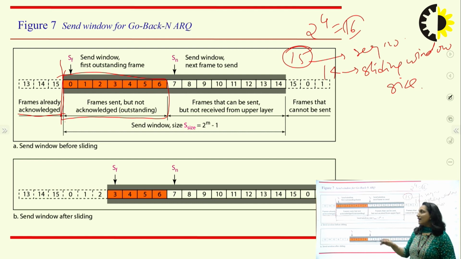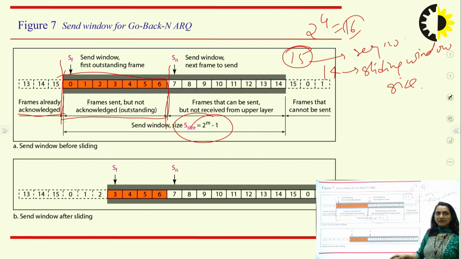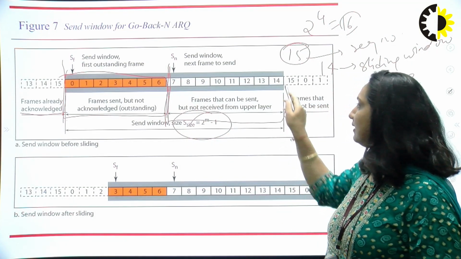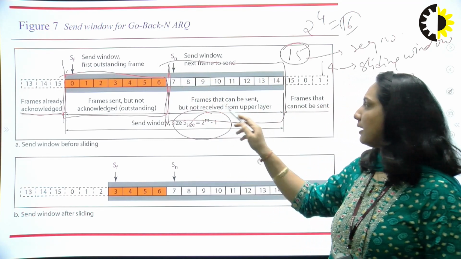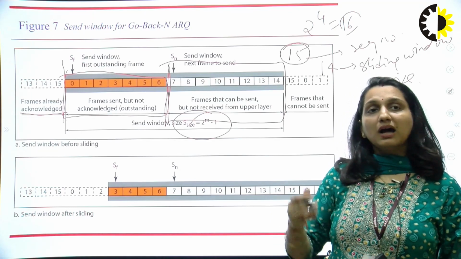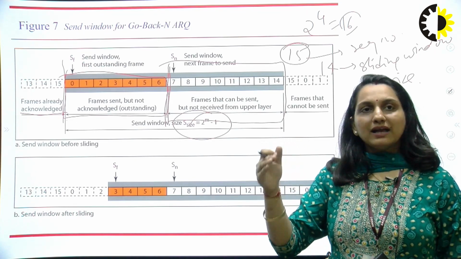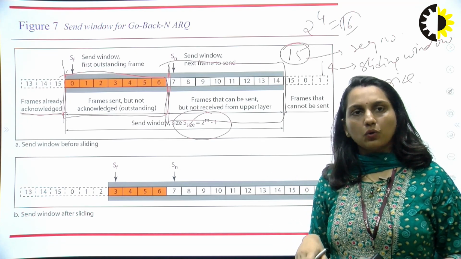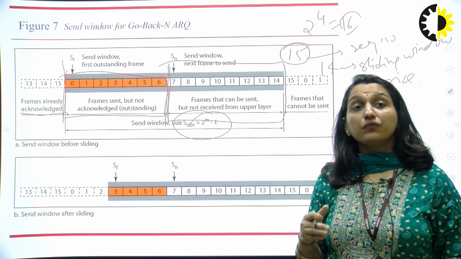Then this is SF, the first, and this is SN, the last one. So the size of this is 2 raised to power m minus 1. This is the window of frames that has been sent, that can be sent, and that is received from the upper layer. These frames are received from the upper layers. The upper layer is the network layer. They will make a packet, and then it has to go to the data link layer, which will make a frame of it.